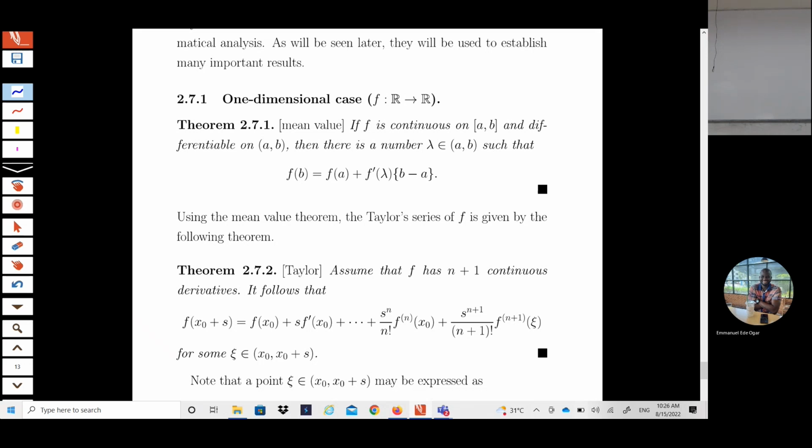In this form you see that there exists a number lambda, but the meaning may not be clear. If we rearrange this, then f prime(lambda) is equal to (f(b) minus f(a)) divided by (b minus a).